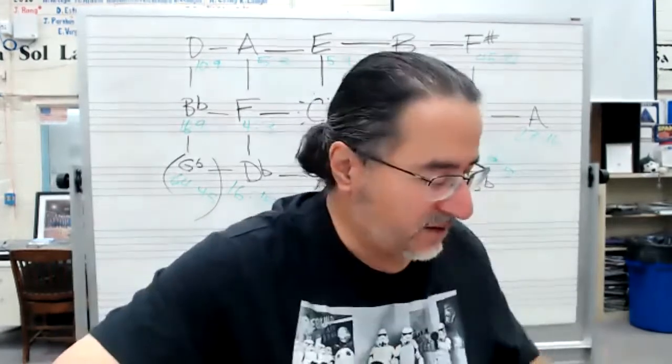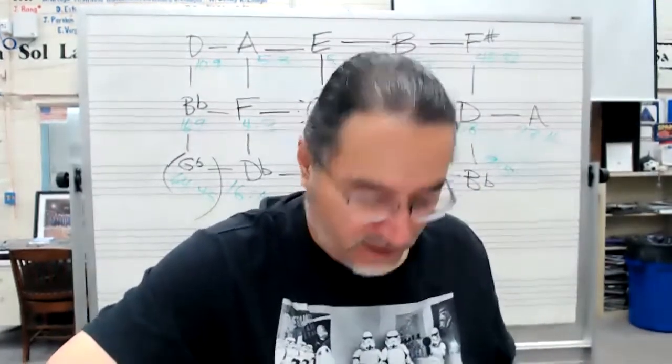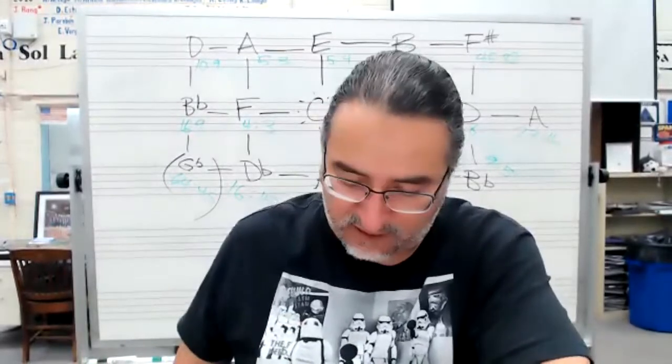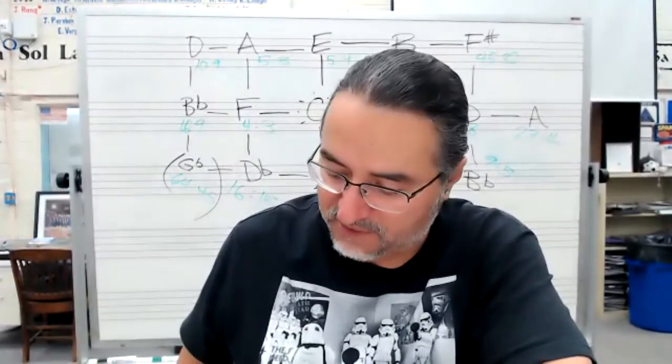Well, let's find out. Okay, so let's look at the diagram. I'm starting on a low C, and I get a 3-to-1, which is a perfect 12th, or like a perfect fifth. So I go to C, then I go up to the G, then up to the D, then up to the A, and then I go up to the E.